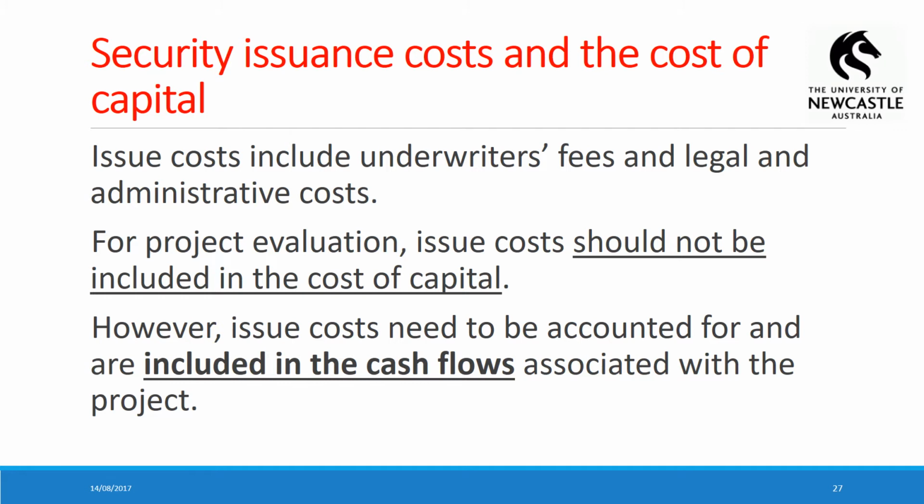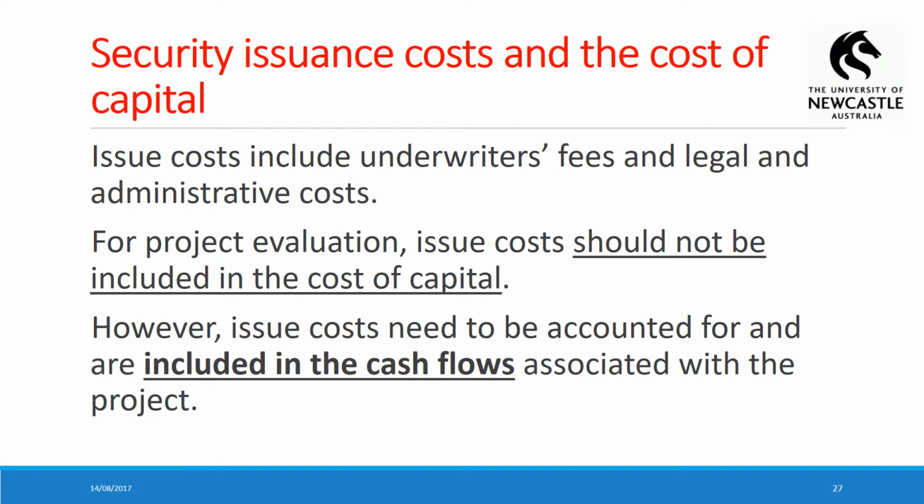So how do we treat issuance costs then? The proper way to treat issuance costs, given that it's a one-off cost, is that we just have to account for it at the time that it is incurred. Suppose that we have to consider investing in a project today.